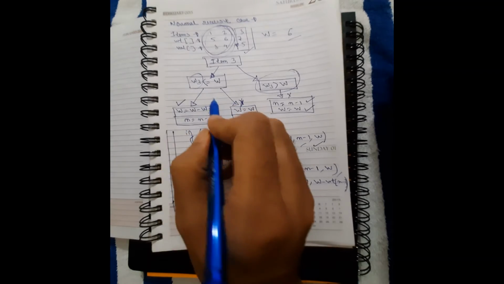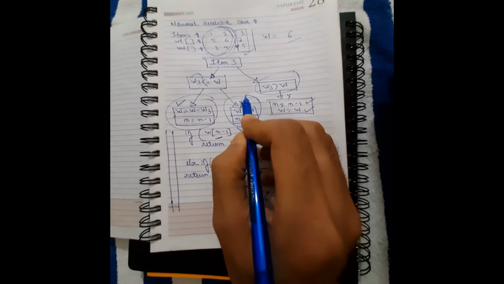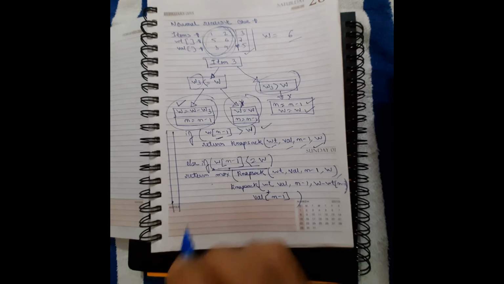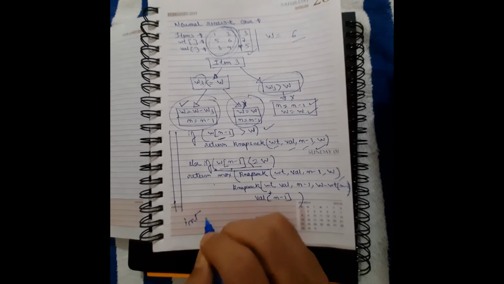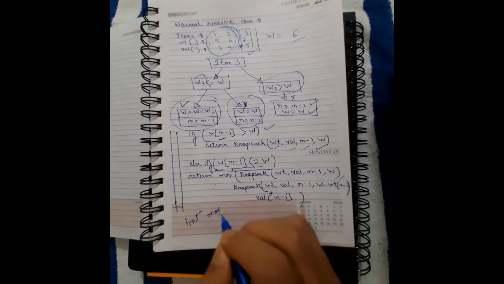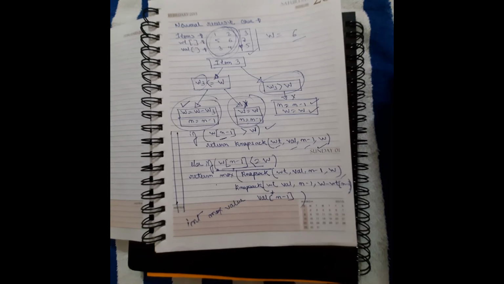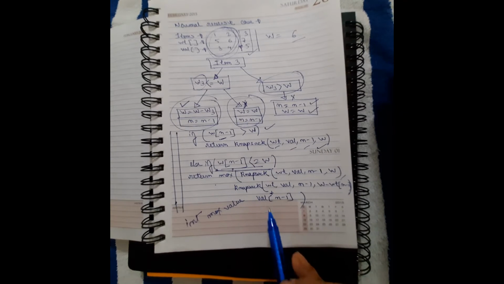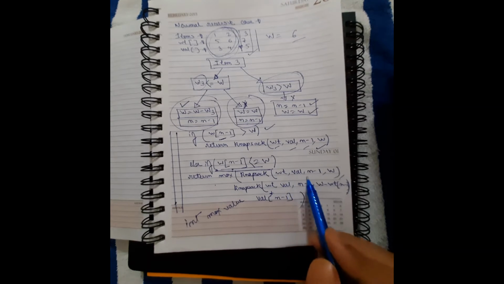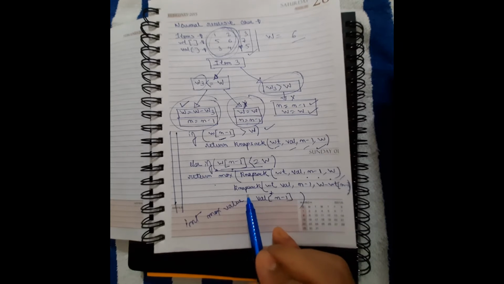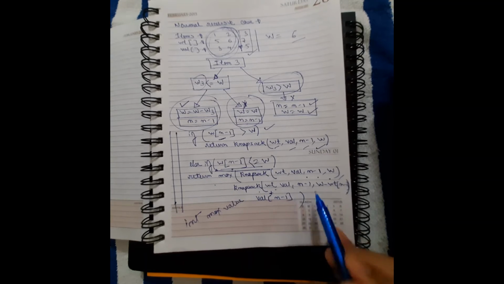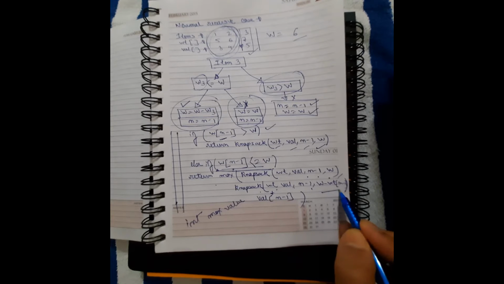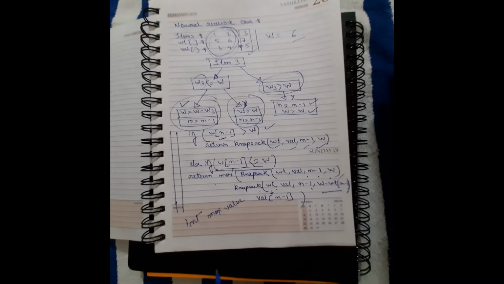We will return the maximum of both of these cases, because as the return type is int, we need the maximum value possible. So return type will be maximum of knapsack(weight, value, n minus 1, w) and knapsack(weight, value, n minus 1, w minus weight[n minus 1]).